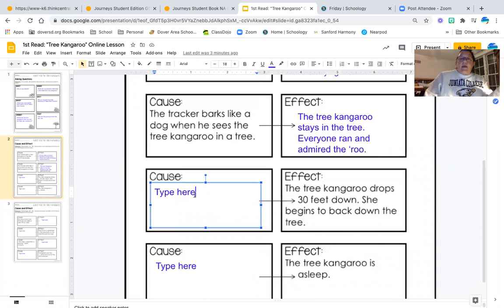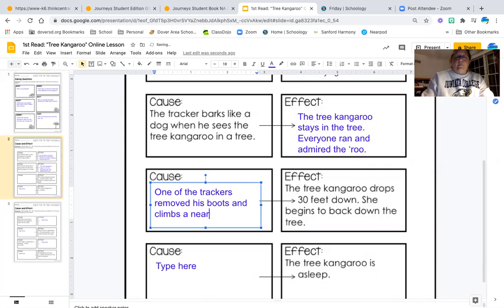Well, right before that happened, one of the trackers removed his boots and climbed a nearby tree, and the roo is not happy.